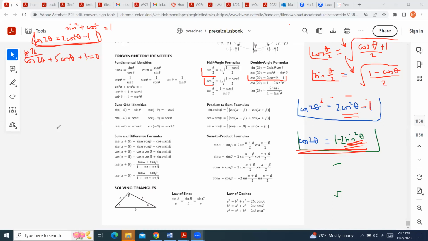Okay, so let's work this problem now. So I replace my cosine double angle with 2 cosine squared minus 1, and then copy the rest. So it's 5 cosines, and then also plus 3 is equal to 0.